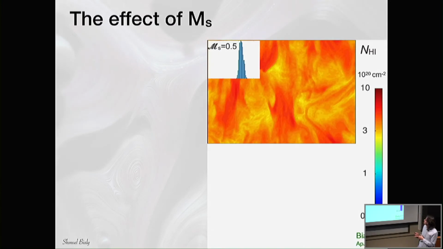Okay, so let's see what's the effect of the Mach number. So here I show a two-dimensional map projection of the column density of H1 in a simulation with a Mach number of half, so subsonic. What you see is that there's some variation in the H1 column density between different lines of sight, but the variation is not too large. Why? Because the density fluctuations are not large, they're small, and therefore the resulting H1 is also more or less uniform.